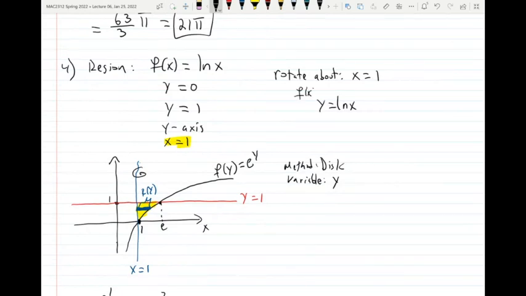This is f of x equals ln of x, right? I'm talking about this function, but we want to write it in terms of y, so that means you need to solve for x. So if y is ln of x, then x is e to the y. Yes? That's where we're getting that from.